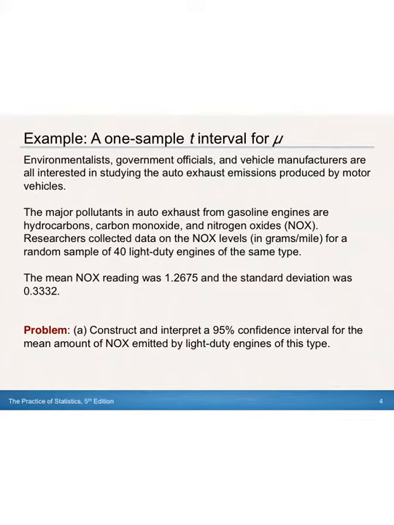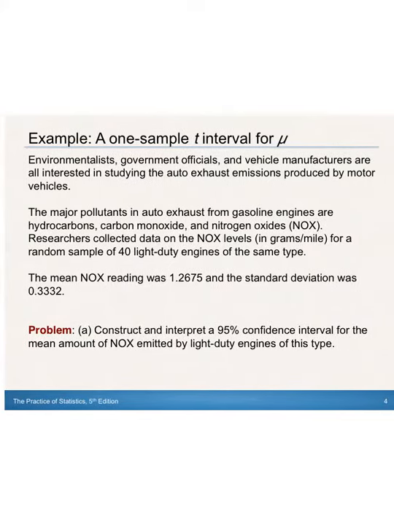The mean NOx reading was 1.267 and the standard deviation was 0.0032. We're being asked to construct and interpret a 95% confidence interval for the mean amount of NOx emitted for light-duty engines.